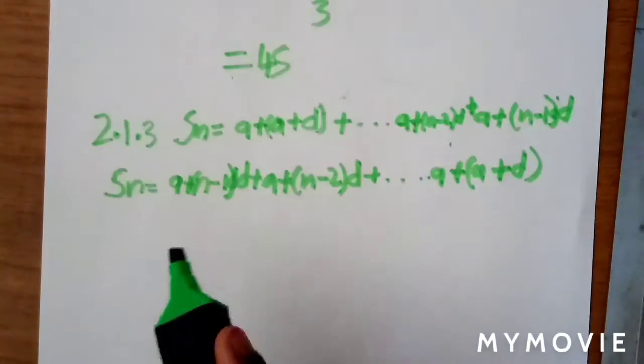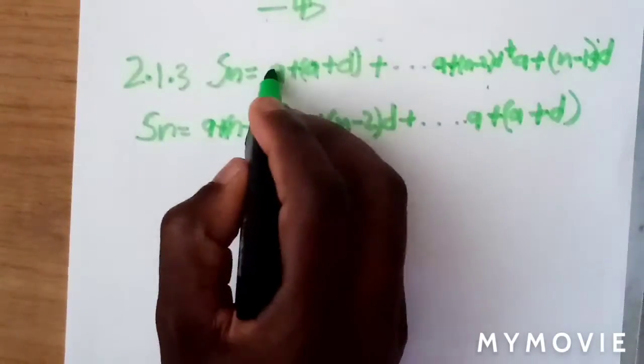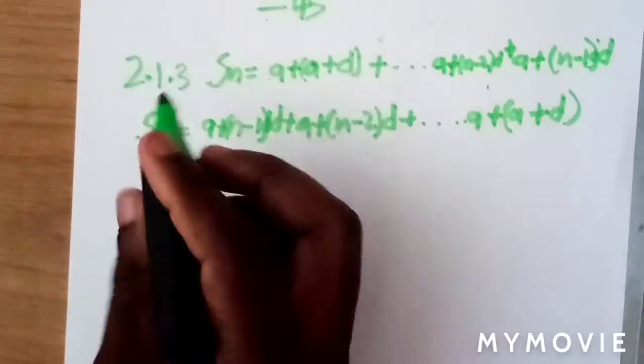Okay, the next thing that we are going to do, we say a plus n minus 1 into d.